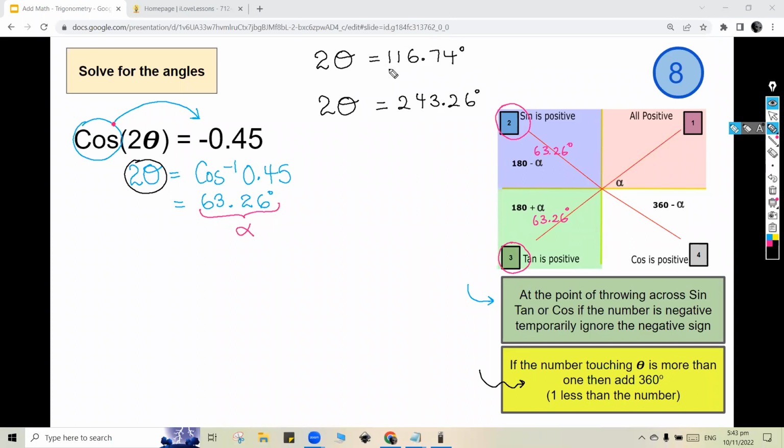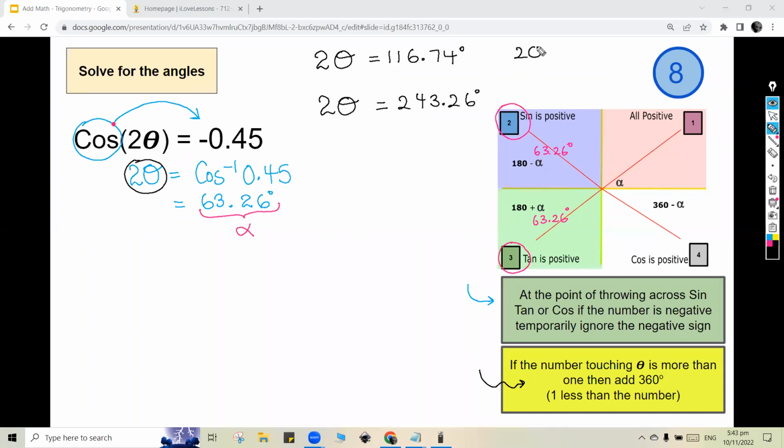So I want you to add 360 to this and put the answer here. And to this one here, you add 360 as well. I'm just letting you know that if this was a 3 here, we would add 360 once and then 360 one more time. So add 360 once to all of them. I might have to do 2 examples on this one.